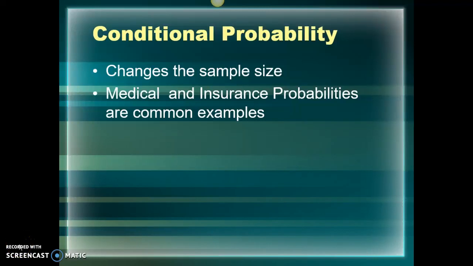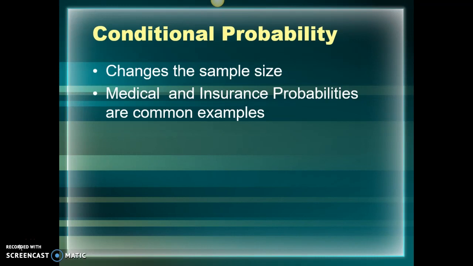So conditional probability is when your sample sizes change. This is used very, very often, especially in the medical profession. It's used daily. For instance, if my dad has high cholesterol, the probability that I have or can get high cholesterol increases.